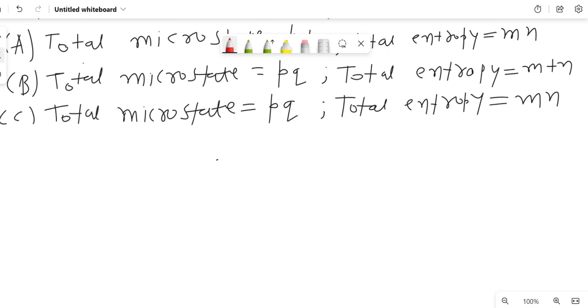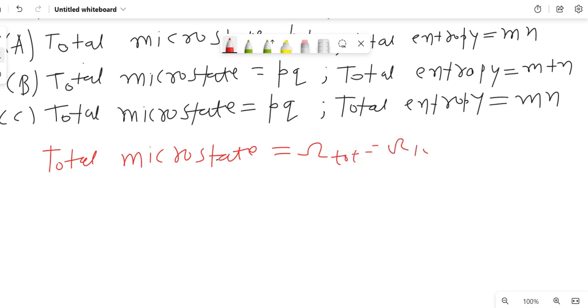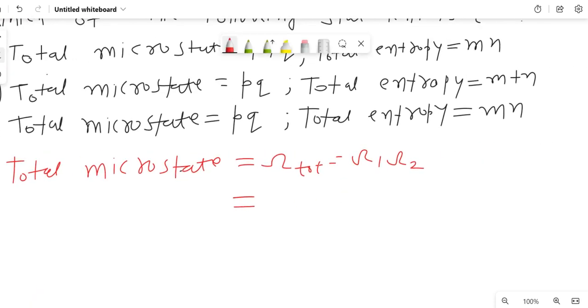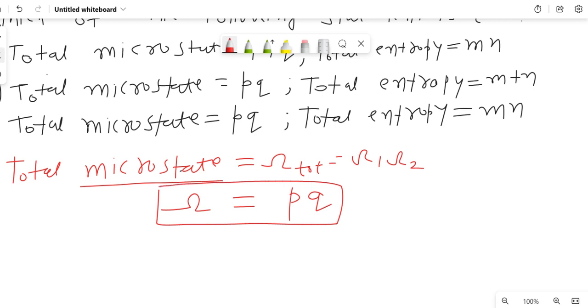So total microstates is always a multiplication. Total microstates omega is always omega 1 into omega 2, and here omega 1 and omega 2 are given as P and Q, so it will be P into Q. So total microstates will be PQ.